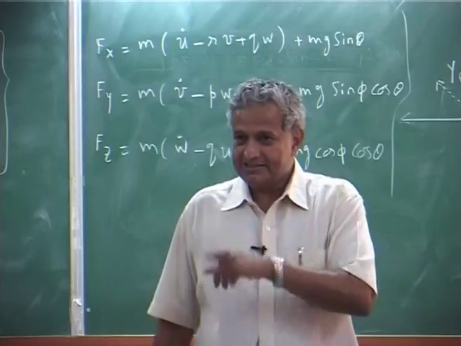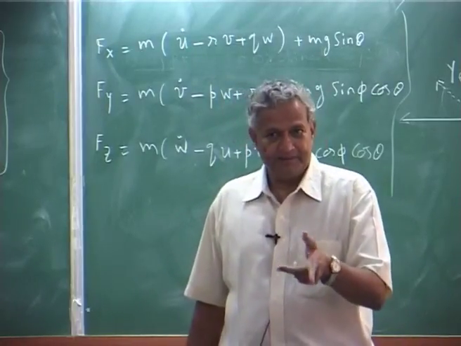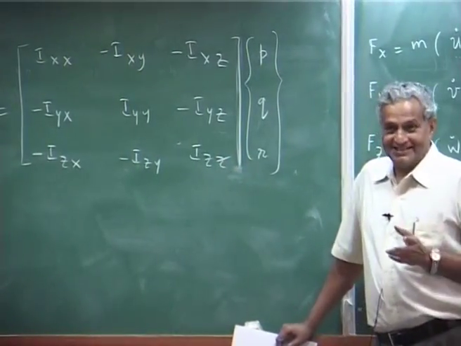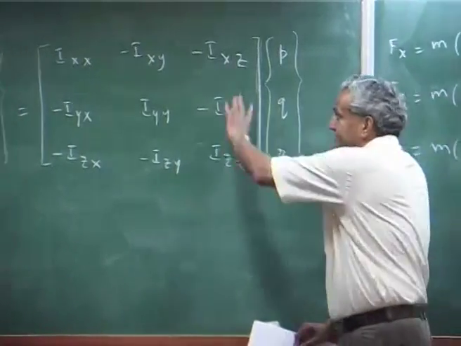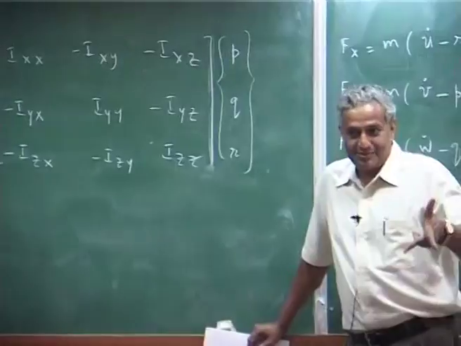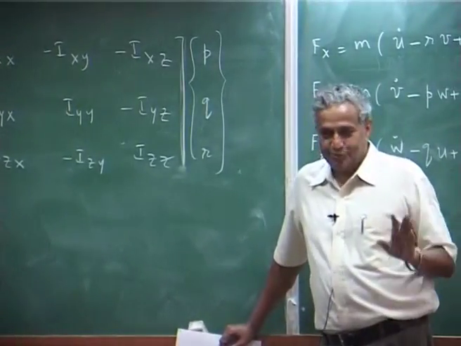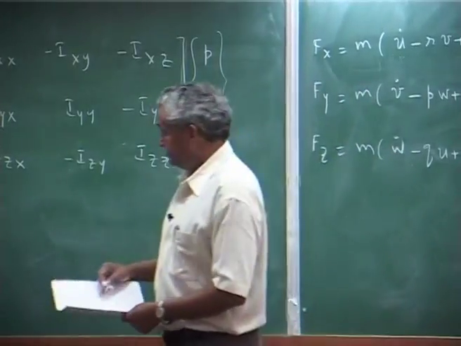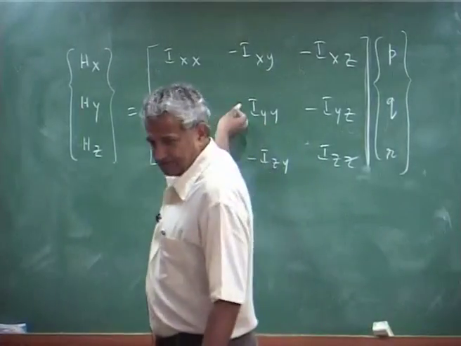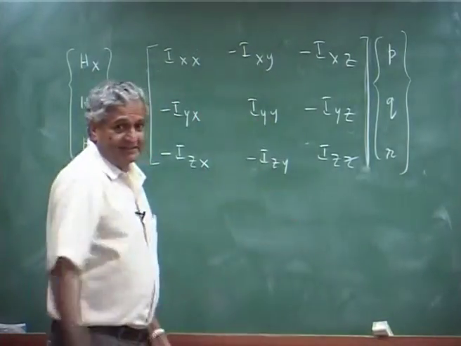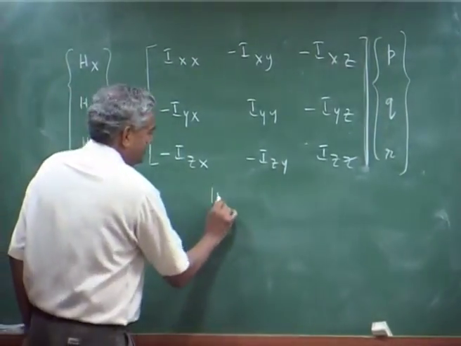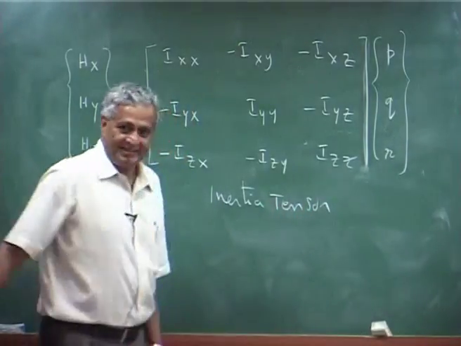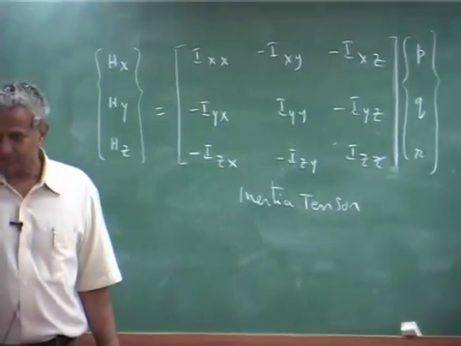That is the reason for using a body fixed axis system, only to simplify the moment equation, otherwise it will become really messy, because these quantities do not change with the body fixed system. Of course, if fuel is expending, it is changing, but you do not bother about that. This is the inertia tensor. I hope you know that this 3 by 3 matrix is known as the inertia tensor, because it follows the tensor transformation, that is all.